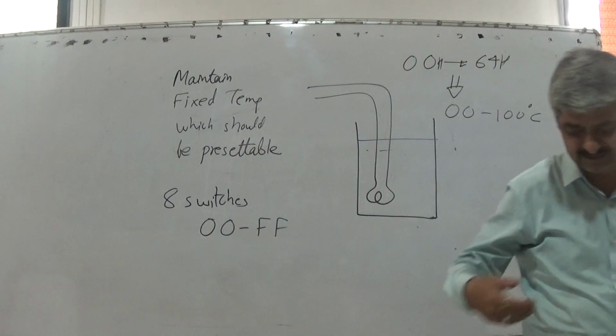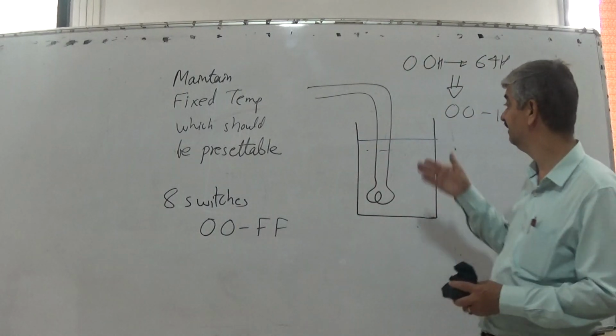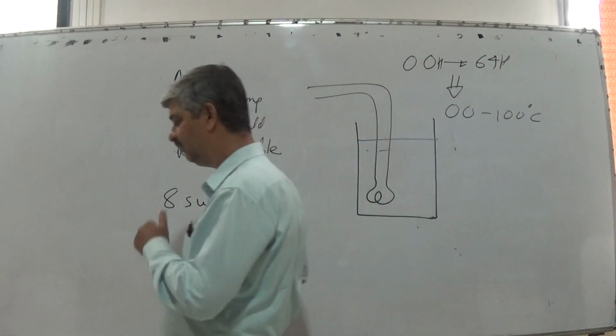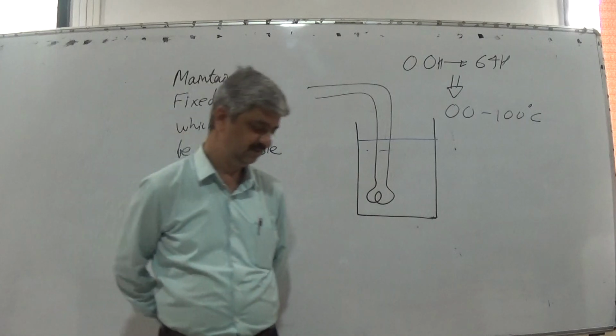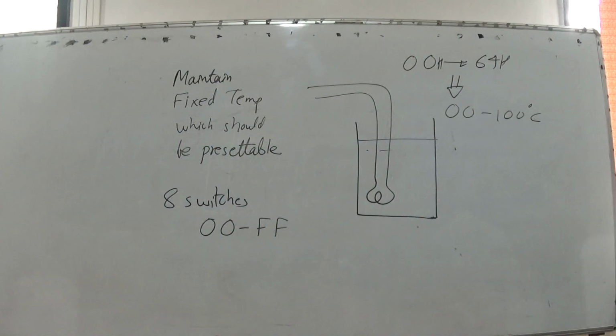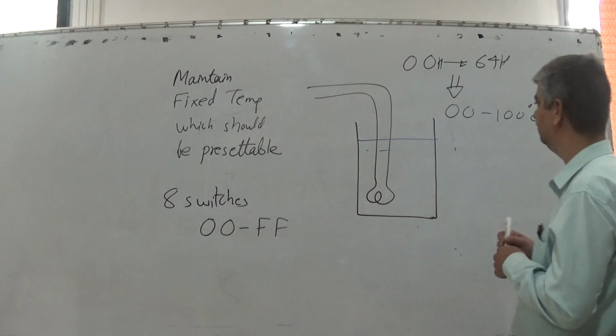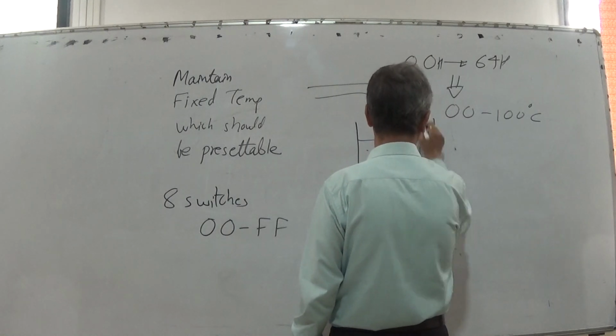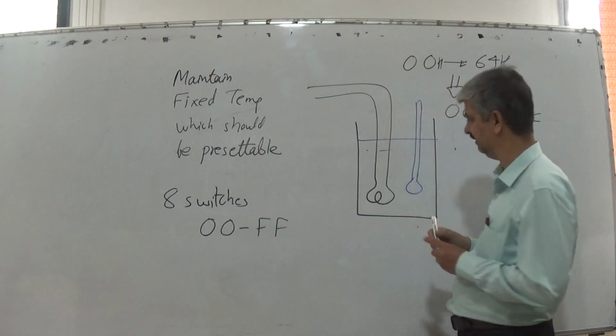Now obviously the actual temperature needs to be measured. When I say that Arduino should do it, obviously if Arduino is not there, you should have done it. Then what you do, you bring a thermometer.